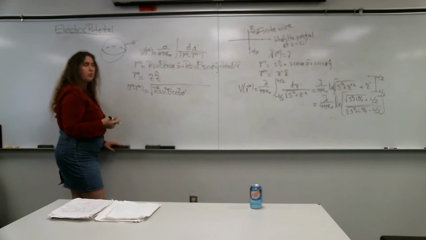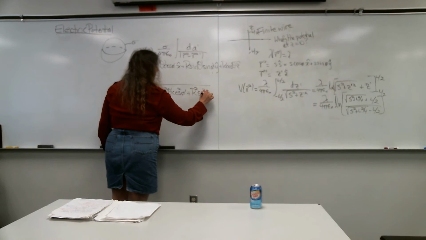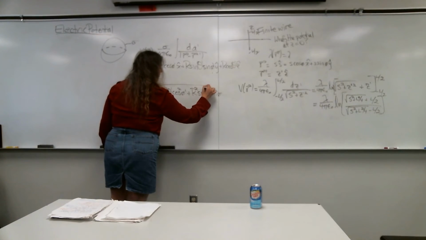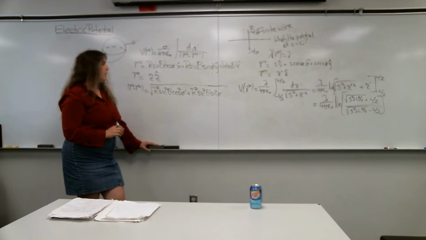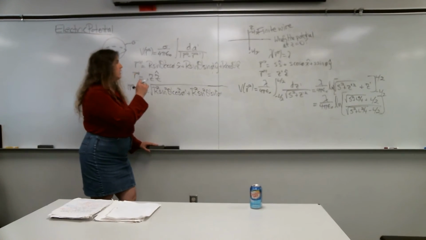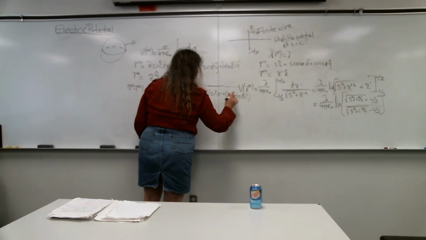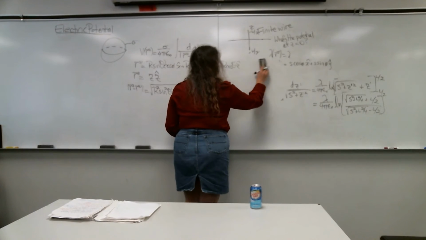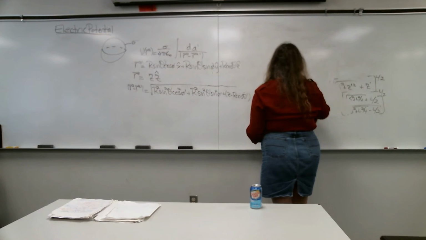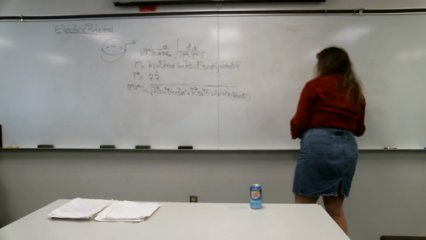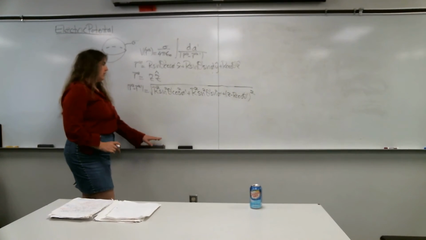We have R squared sine squared theta prime cosine squared phi prime, we have R squared sine squared theta prime sine squared phi prime, and then last but not least, z minus R cosine theta prime squared.